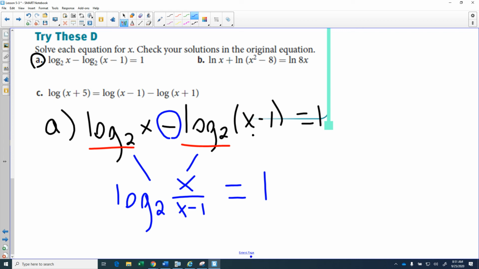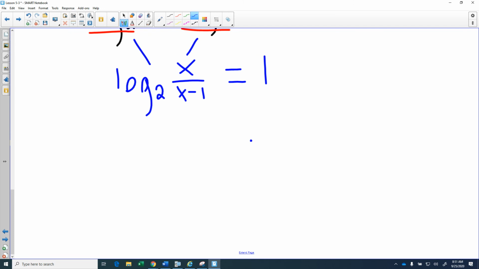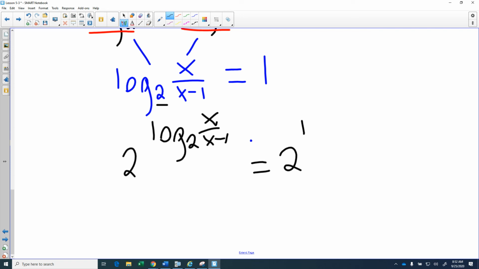Now, at this point, because I have a singular log, I can just simplify this by using our rules. I have a base of 2, so I'm going to put everything to a base of 2. Log base 2 and 2 are going to cancel itself out. So right now I have x over x minus 1 equals 2 to the first power, which is just going to be 2.